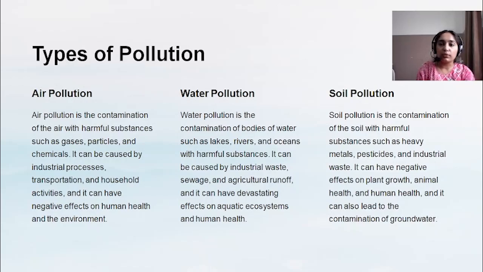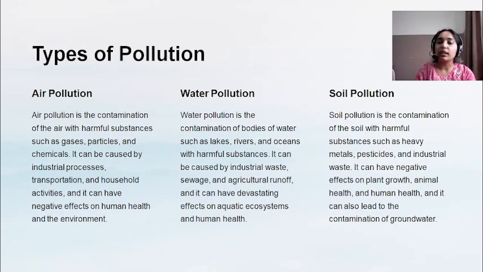Soil pollution. Soil pollution is the contamination of the soil with harmful substances such as heavy metals, pesticides and industrial waste. When these harmful substances are found in the soil, it may lead to soil pollution. Harmful substances such as metals, pesticides and industrial waste should be treated properly before being released into the soil.